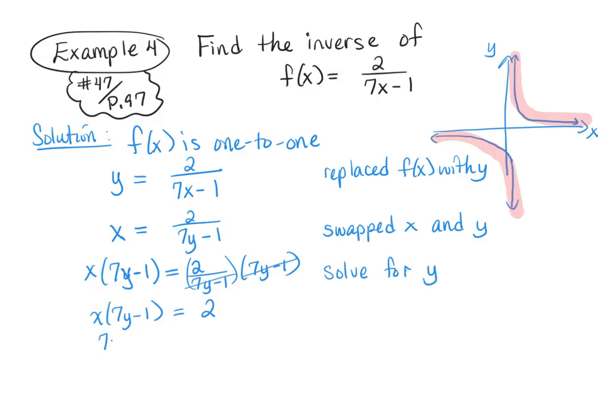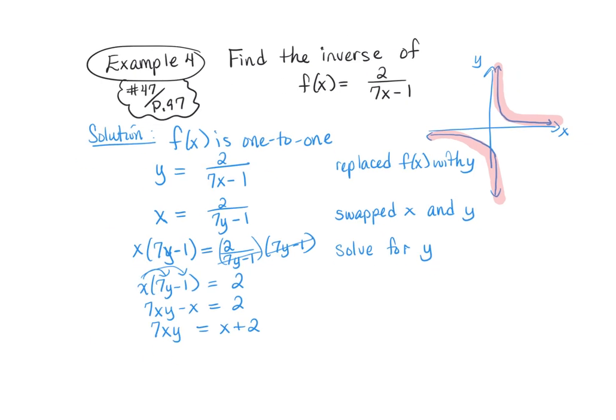Now we distribute this x to each part there. We distribute the x to get 7xy minus x equals 2. And now we're still solving for y. So we have 7xy equals, we need to add x to both sides, x plus 2.